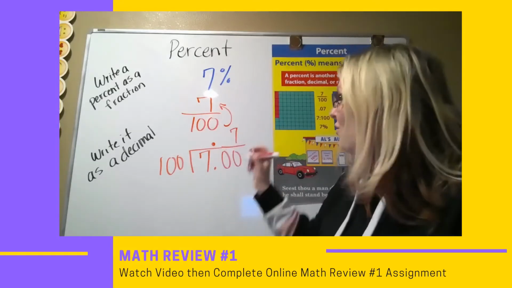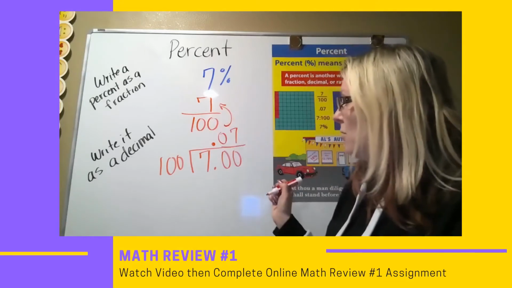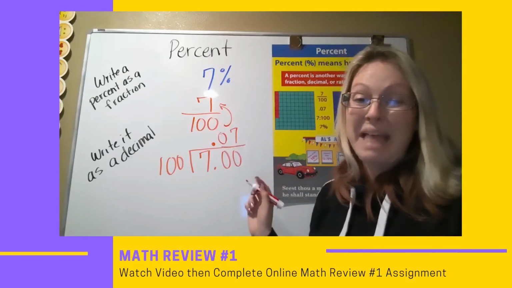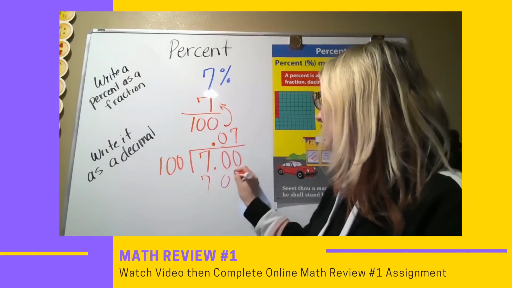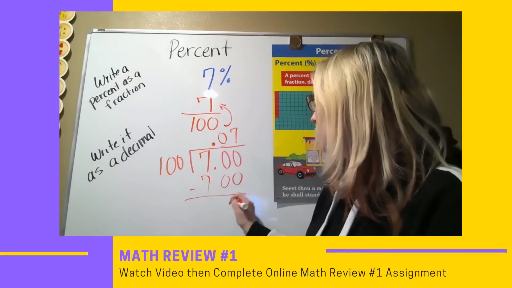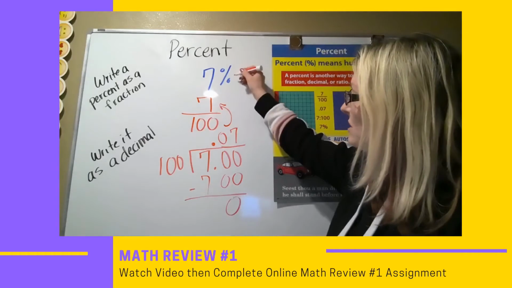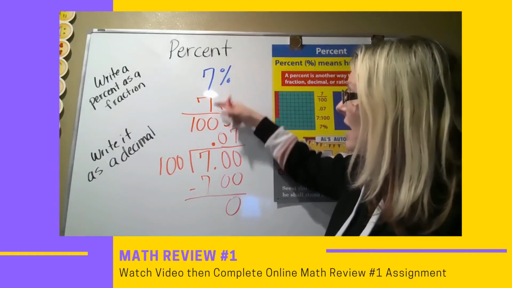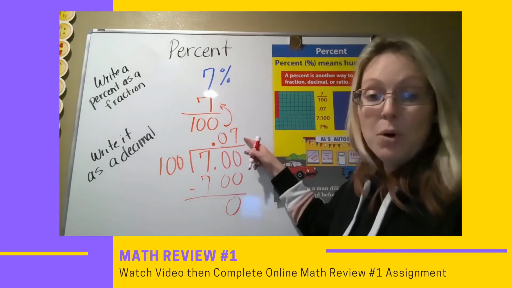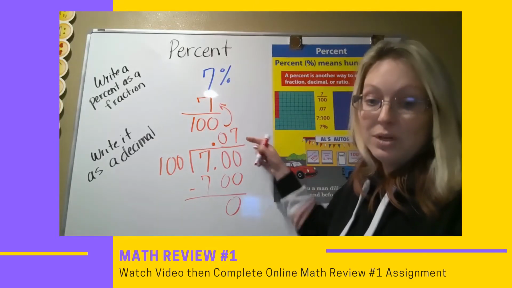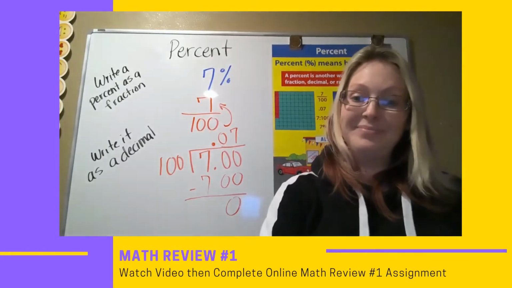Guess what? You've got to add a 0 there, okay? Because it's holding that place value. 7 times 100 is 700. Subtract, we get our 0. So 7% is the fraction 7/100ths, and the decimal 0.07.